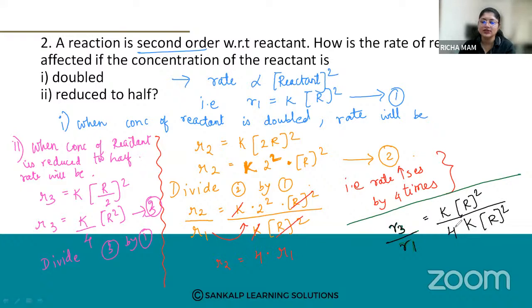Now just see what all will get cancelled. K and K will get cancelled. R square and R square will get cancelled. So R3 is equals to R1 by 4. Rate decreases by 4 times.